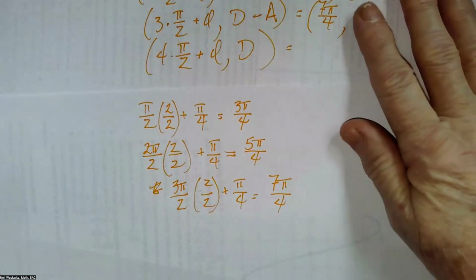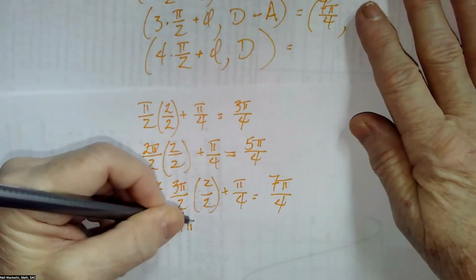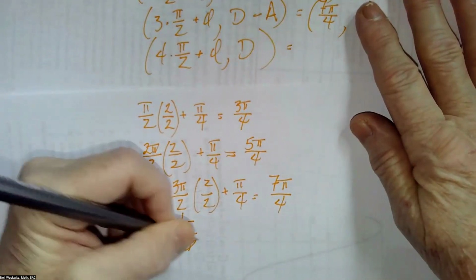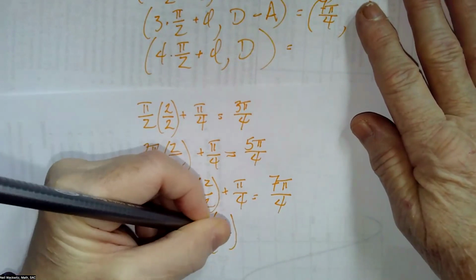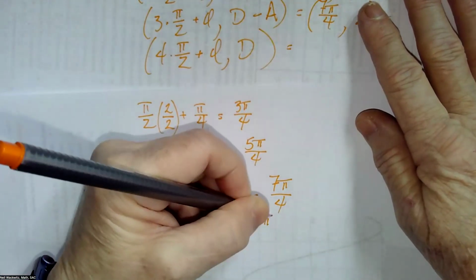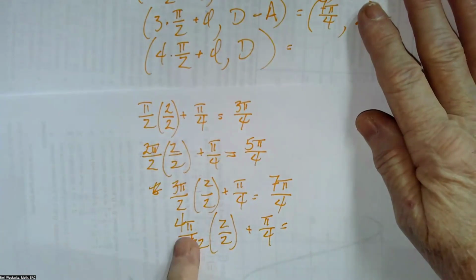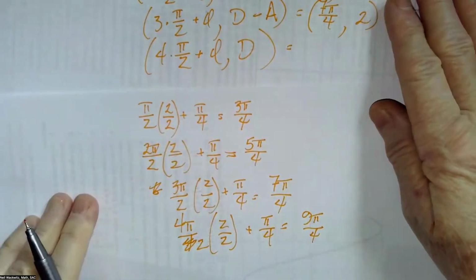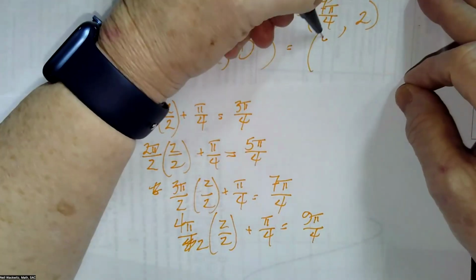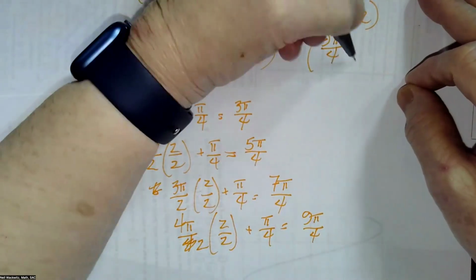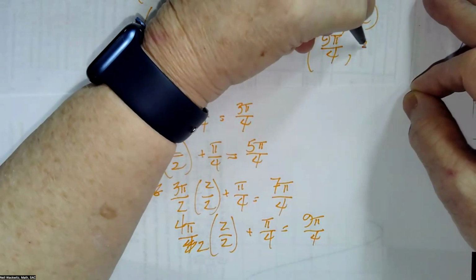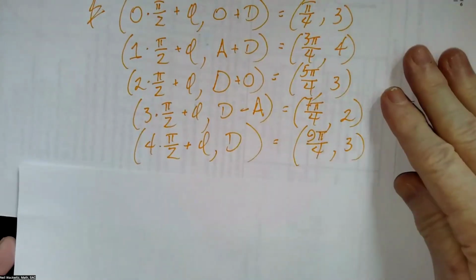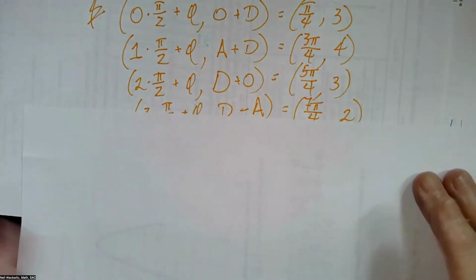And then we'll have 4 pi over 2 times 2 over 2 plus pi over 4, and that's 9 pi over 4. So we've got our 5 points.